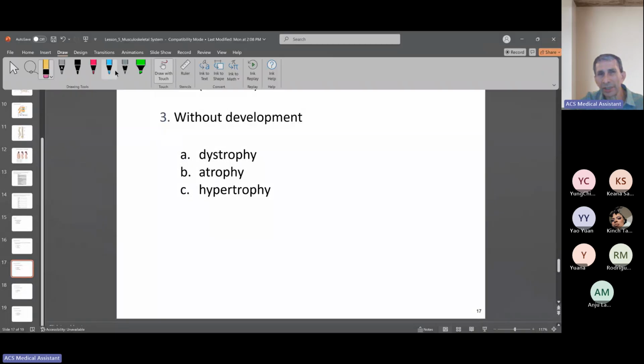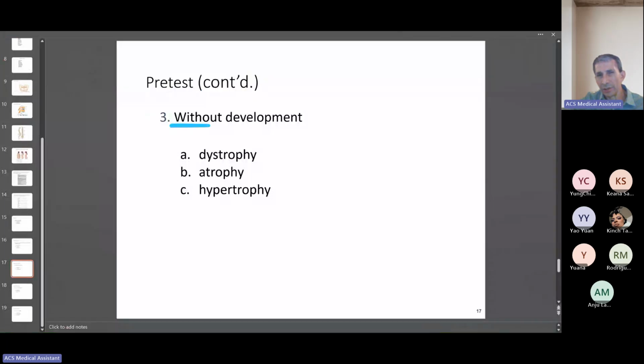It's going to be a little tricky, but try A, B, or C. Without means no development. Which one of these means or the definition is no or without development? A, B, or C? Try, do your best.